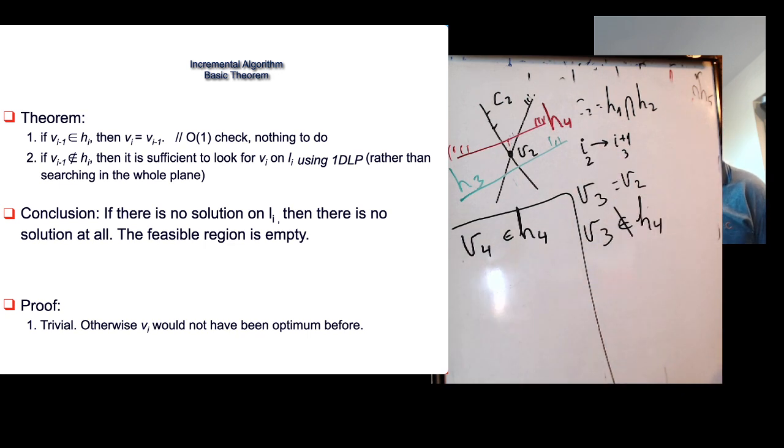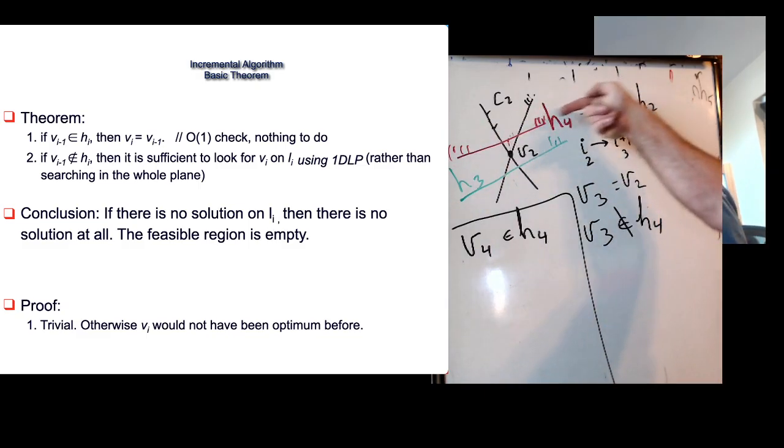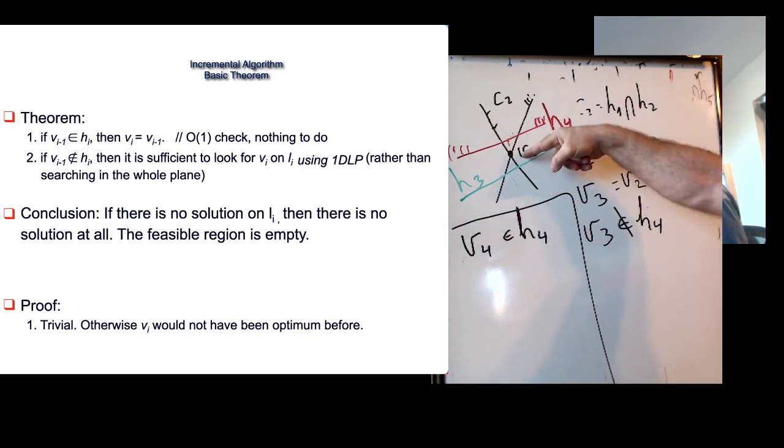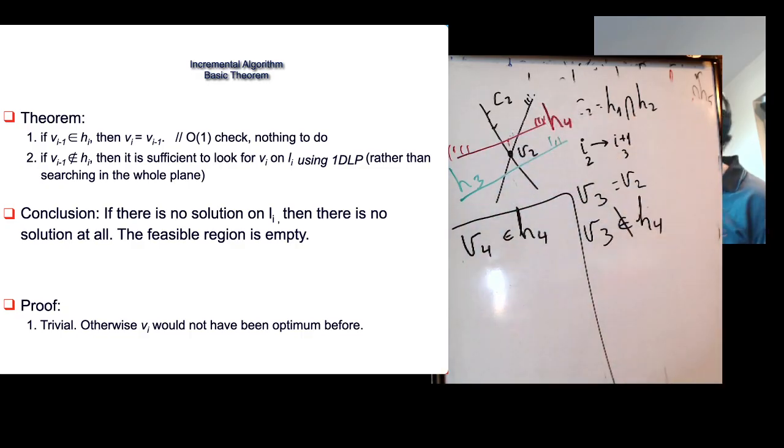Okay? However, that's not what the theorem tells you. Not only that V4 is inside H4, but it's also on the boundary of these half planes, H4. It must be on the red line. V4 must be on the red line that defines H4.